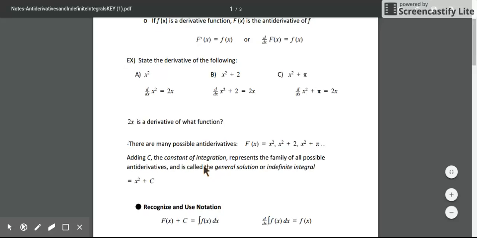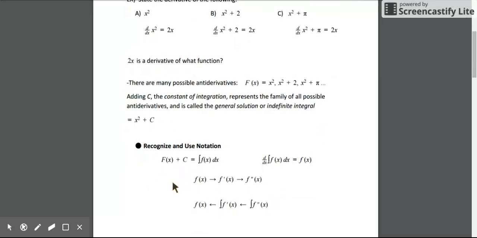So what we do is we add this variable called c. It's called the constant of integration. It represents any constant number. And then therefore we can write this, and it represents the family of all possible antiderivatives. And when we add in that constant of integration, we now have what's called an indefinite integral, or a general solution.